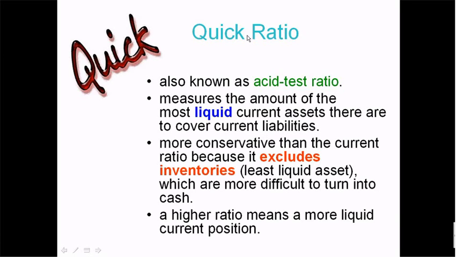Quick ratio is also known as acid test ratio. This is another name, quick ratio, acid test ratio. This quick ratio is a more conservative ratio compared to the current ratio because it excludes the least liquid form of current asset, which is more difficult to turn into cash. Same thing, a higher ratio means a more liquid current position.